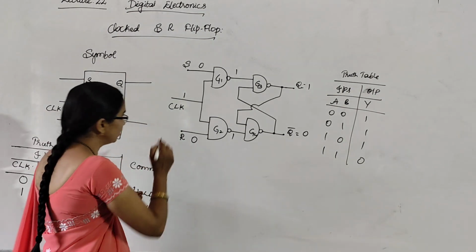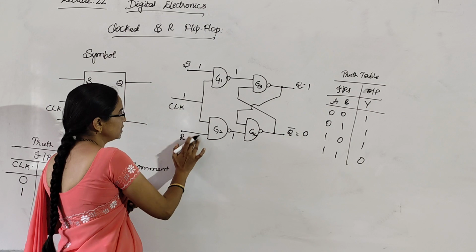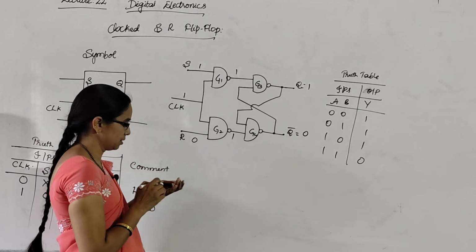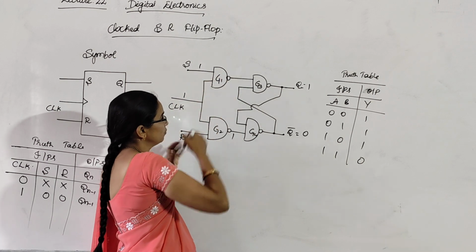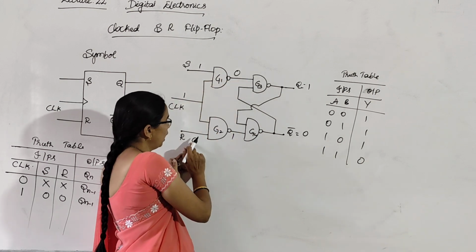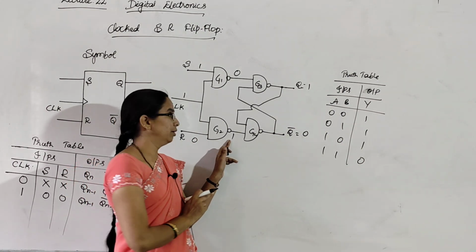Okay. Whenever the clock is 1, S is 1, R is 0 only, what happens? When both the inputs of G1 are 1, 1, the output will be 0, and any one of the inputs of G2 is 0, so the output will be 1.